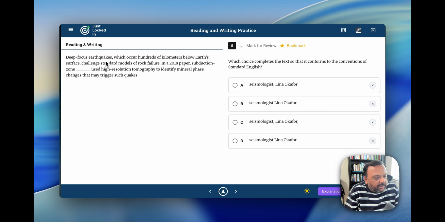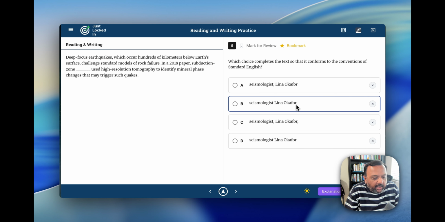Deep focus earthquakes, which occur hundreds of kilometers below Earth's surface, challenge standard models of rock failure. In a 2018 paper, subduction zone seismologist Lena Okafor. Again, there should be no comma before the name, because there are many seismologists and Lena Okafor is one of them, so that becomes essential information. Therefore there cannot be a comma between seismologist and the name.